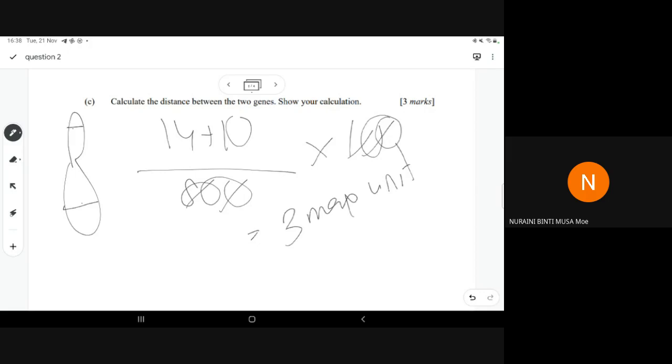But untuk ini, 3 map unit, atau we can also use a different unit which is centimorgan. Okay, bukan C kecil M kecil, C kecil M besar. That's how you calculate distance. Okay. You need to recognize recombinant daripada data tu, divide it by the total number of everything, and then times it with 100.